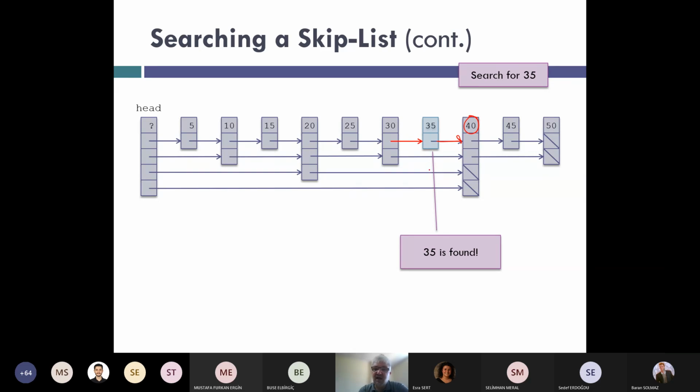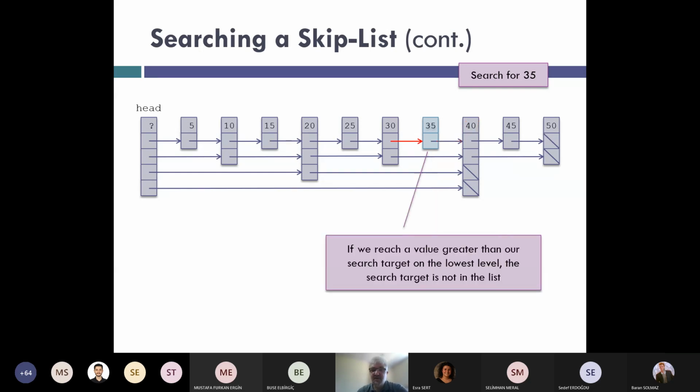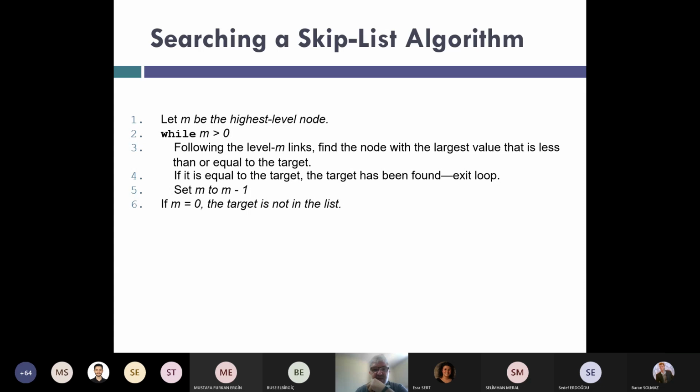So 36 is not in here, so 36 is not available. Okay. If we reach a value greater than our search target and we couldn't find it yet, we can decide that the value is not in the skip list, like 36 is.